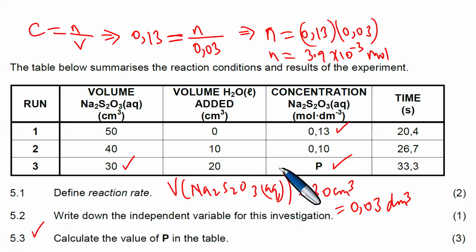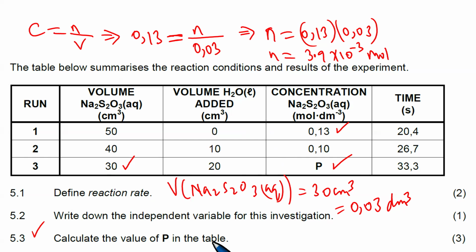So now we are able to see, like in the first run, we had that the concentration was 0.13. And then we have the number of moles and the volume. At P, the volume was 0.03. Okay. So that's a good question. Why didn't we use 50?